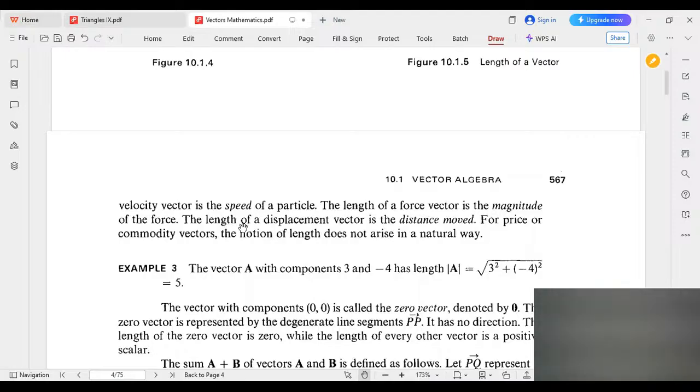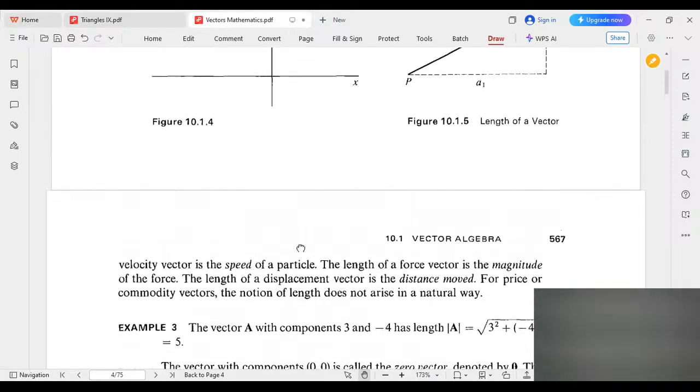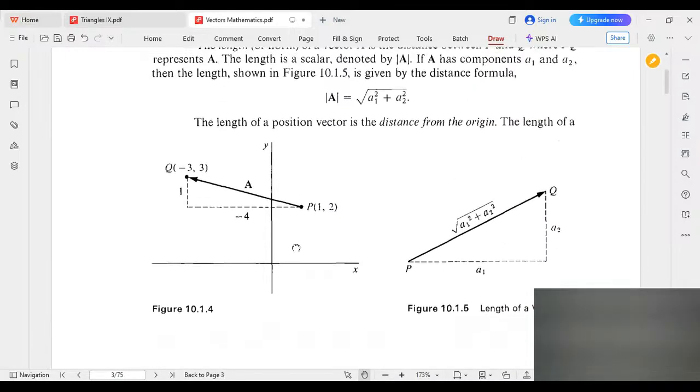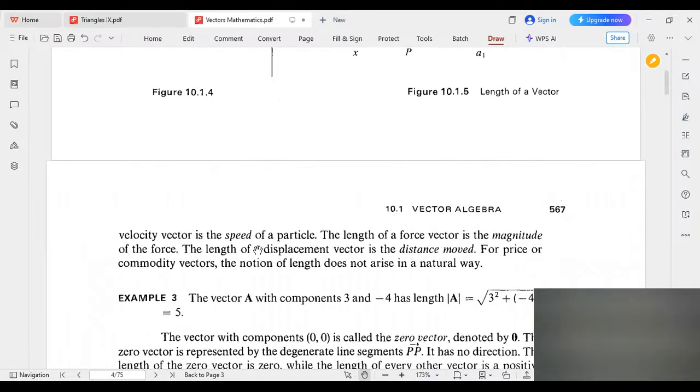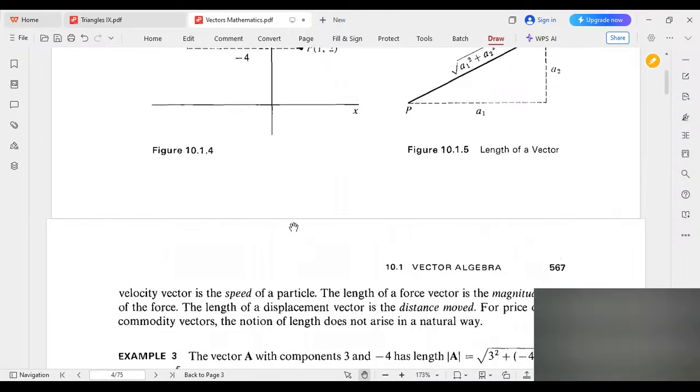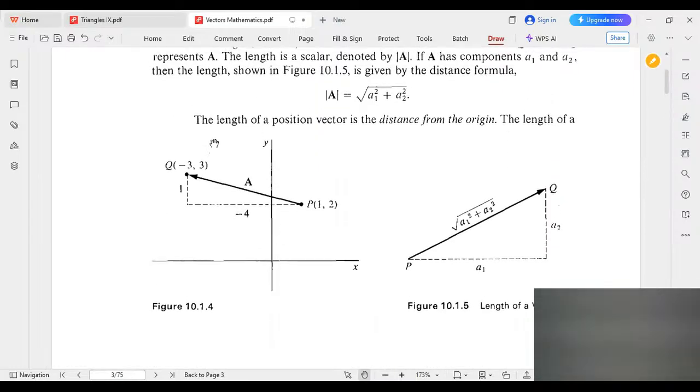So speed, force, displacement, all of these are lengths. There is no problem to understand. So the length of a position vector is the distance from the origin.